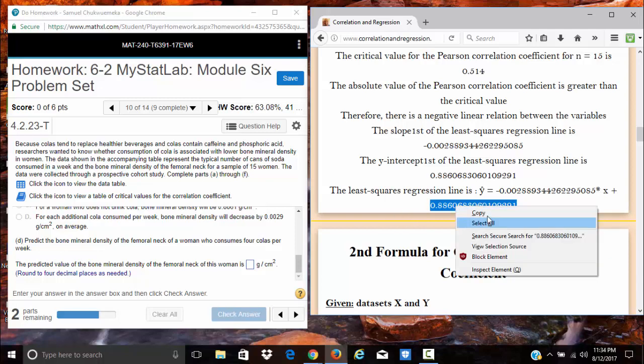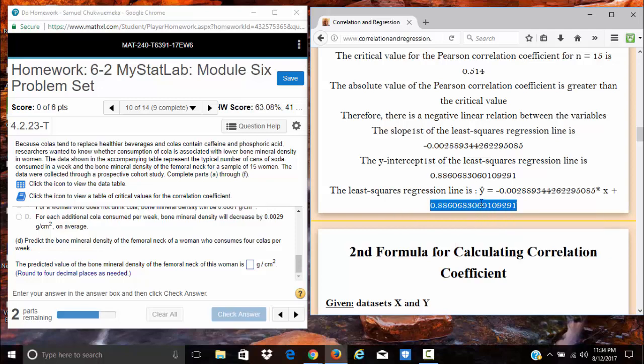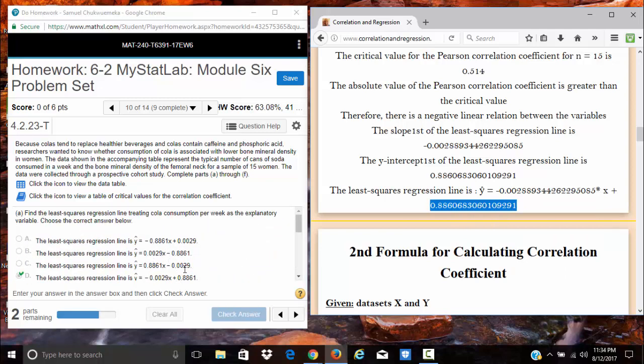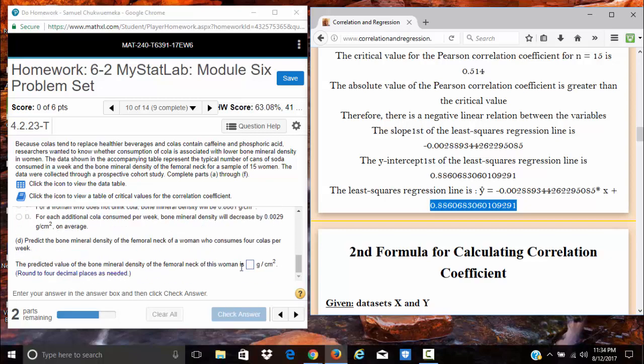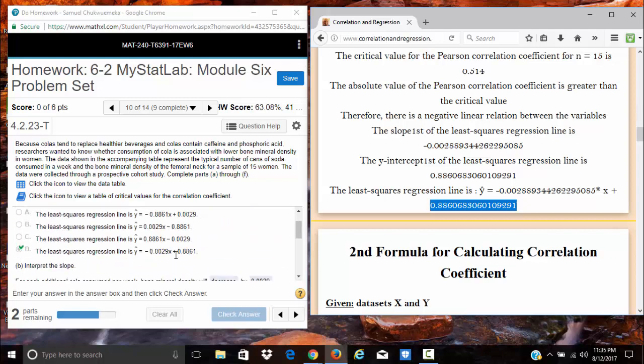I suggest you don't use the rounded value, because you might get it wrong, or you might get it right. If you get it right, that means you're lucky. You're probably not supposed to get it right if you use rounded values, because they used 4 decimal places.